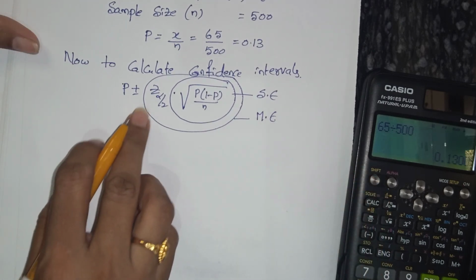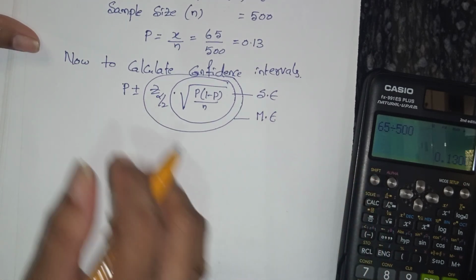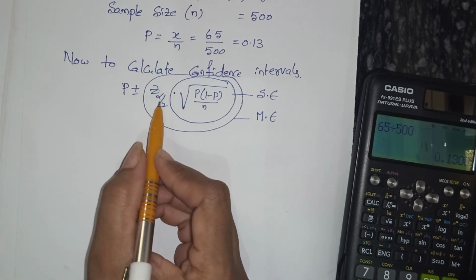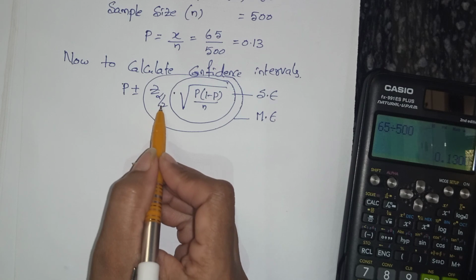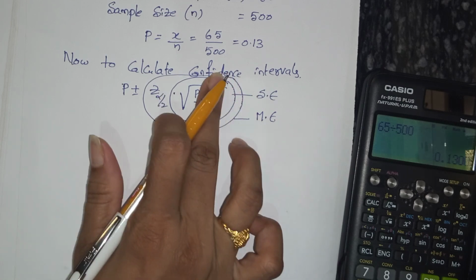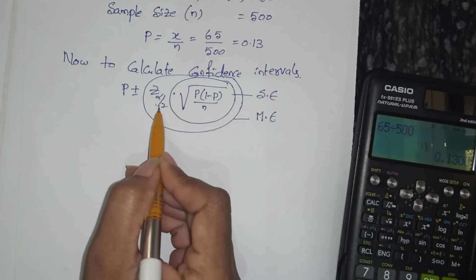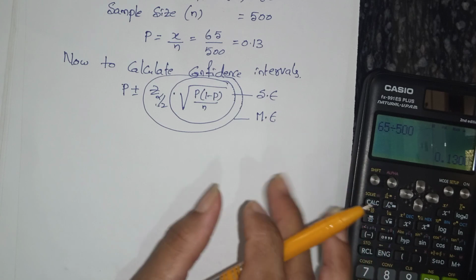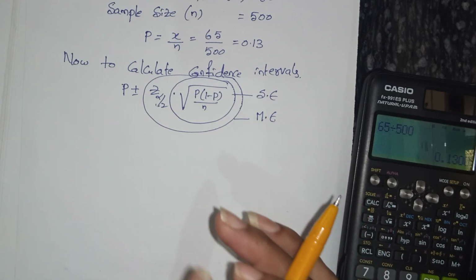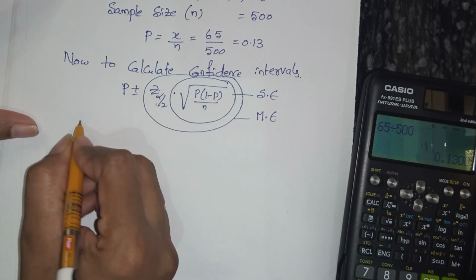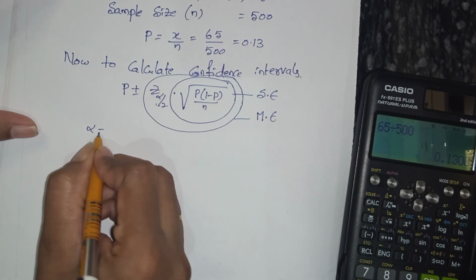Now first we will find Z alpha by 2. As I told you in previous videos, we only get the alpha by 2 term when we are going to calculate confidence intervals. Otherwise, normally we get only alpha when solving problems.